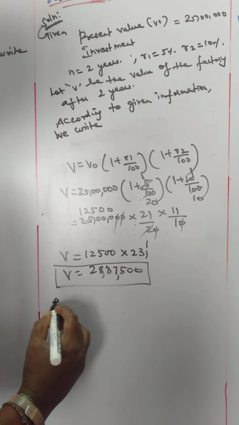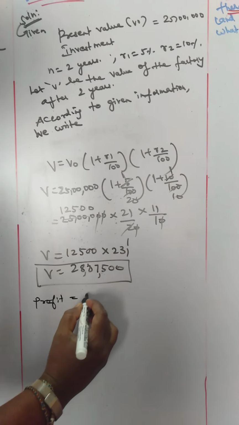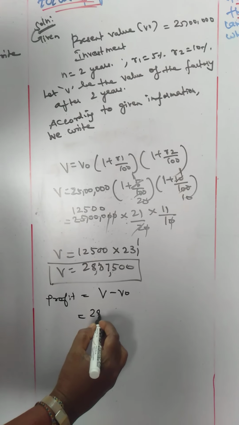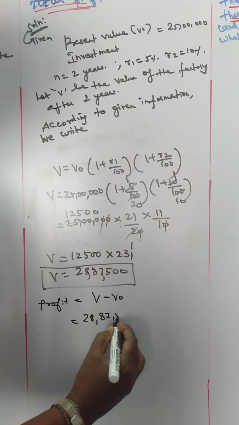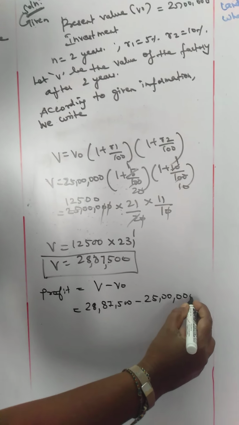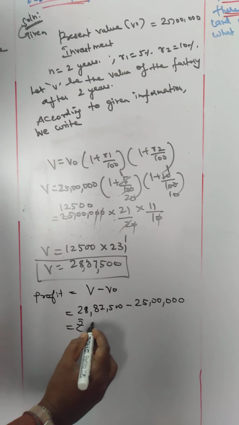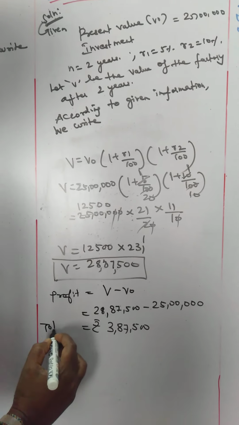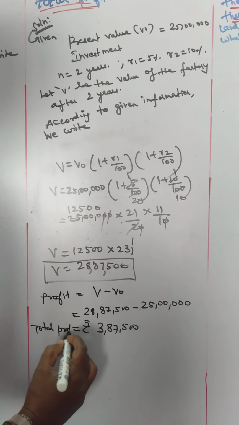So profit is V minus V naught, which is equal to 28,87,500 minus 25 lakh, which is rupees 3,87,500. That is the total profit.